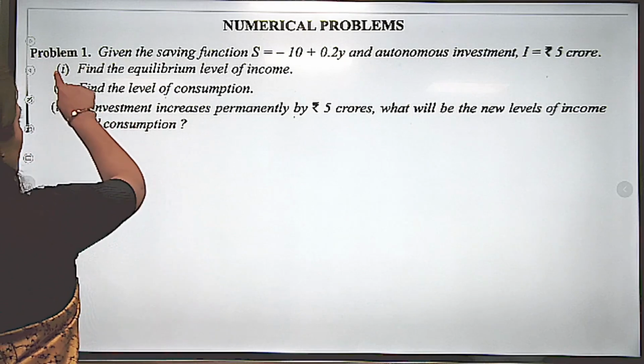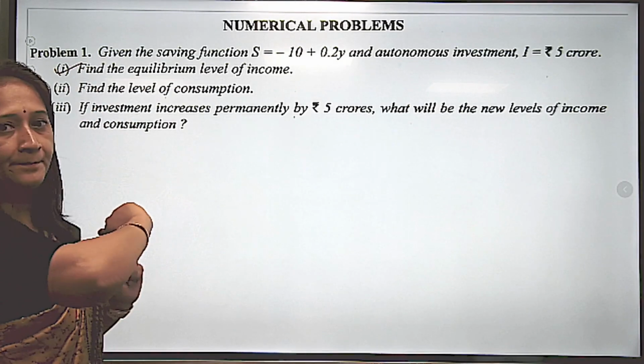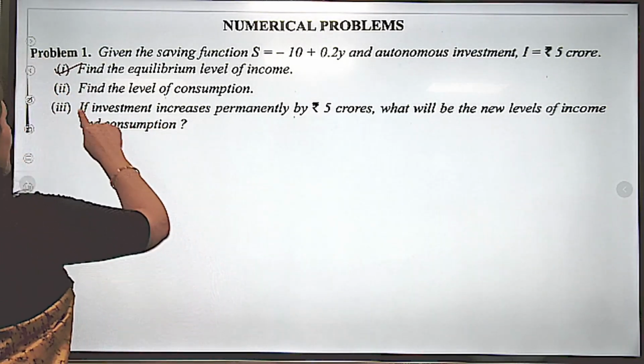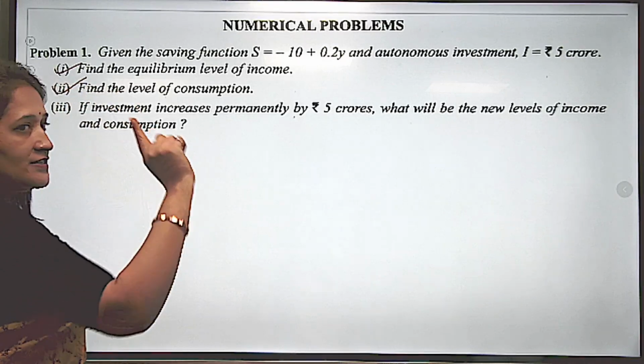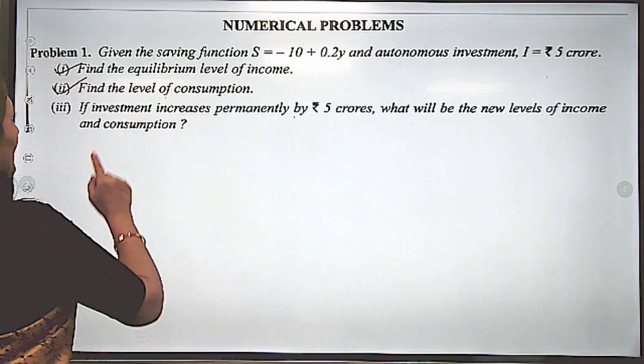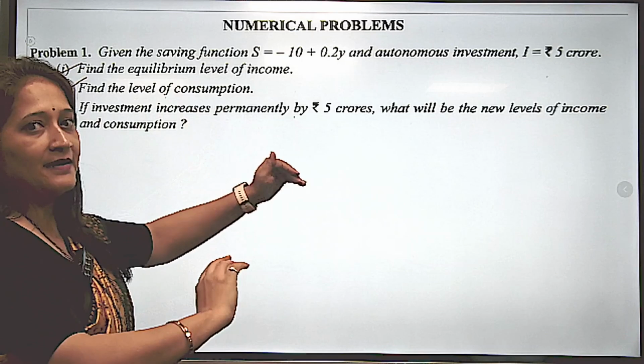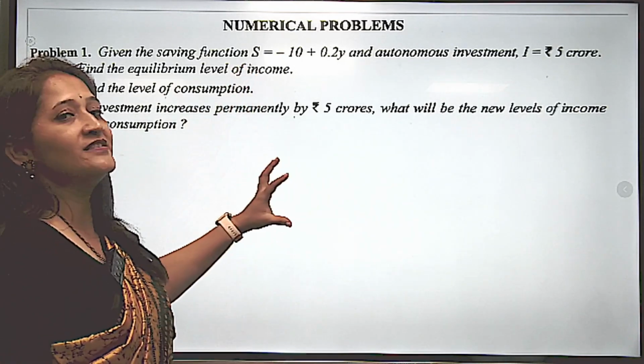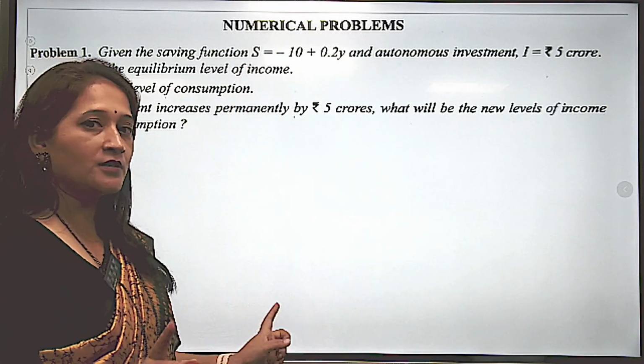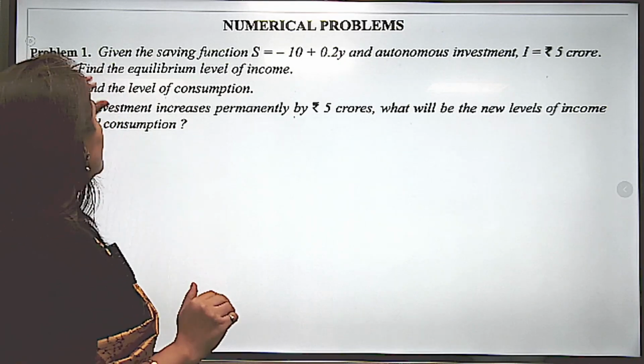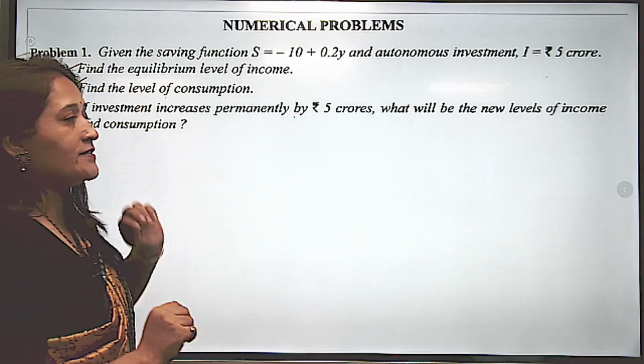Find out the equilibrium level of income. We'll first find that, then we'll find the equilibrium level of consumption with that income, and then we have one more added case study: a change in the investment, what will be the effect on consumption and income. So let's first solve the first two questions.